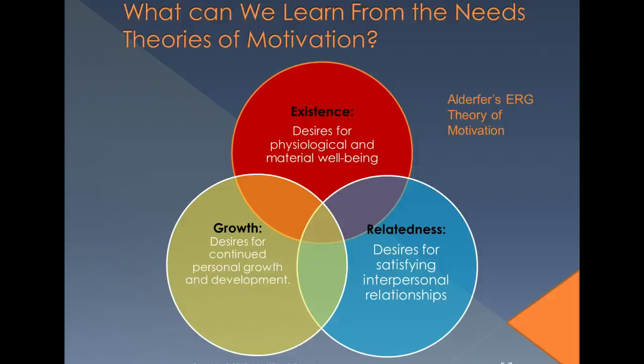Everybody wants to evolve in their own way, and as you're growing, you may want to grow and develop a family and have children. You may want to grow and develop your career, your business, and then also relatedness, desires for interpersonal relationships. You want friends, family. So all three of these needs, people need to focus on.